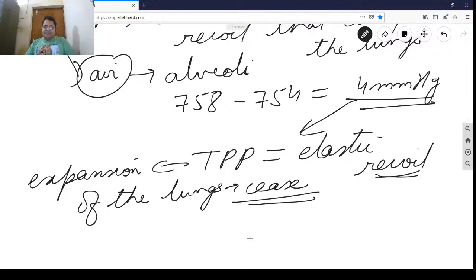The contraction will lead it to become 762, but again it will become 756. It will not be able to completely collapse, because that intrapleural pressure at negative 4 will hold the lungs and prohibit complete collapse.